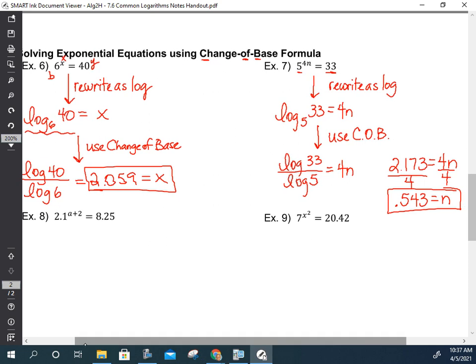Any questions? 6 or 7? Sounds like everyone's in a good spot.